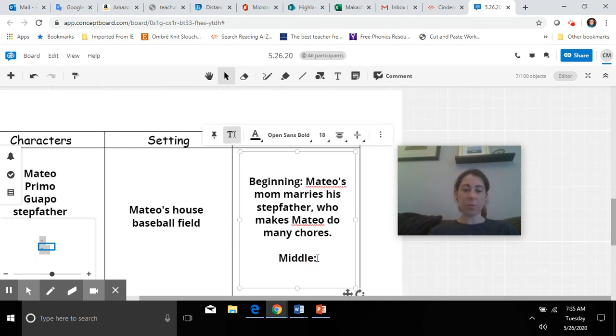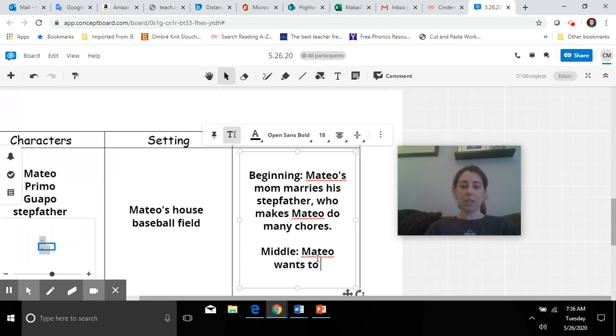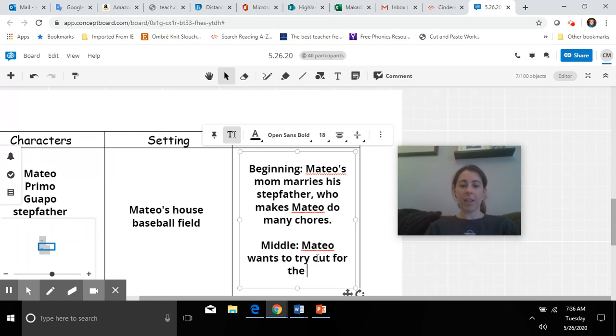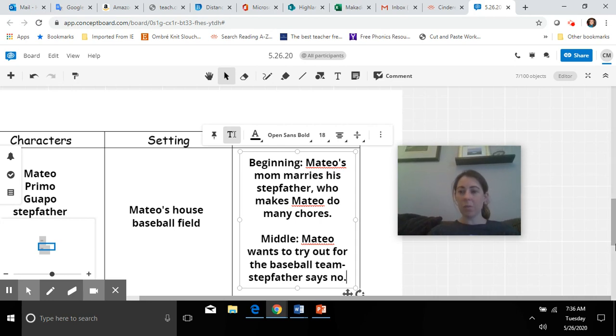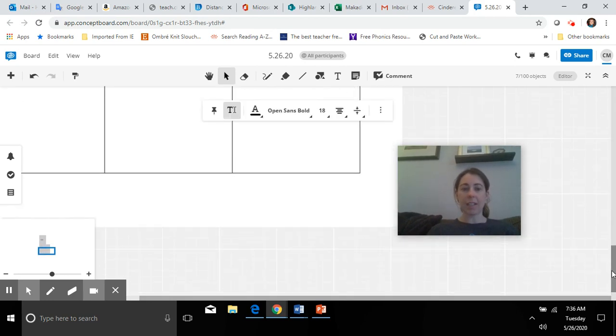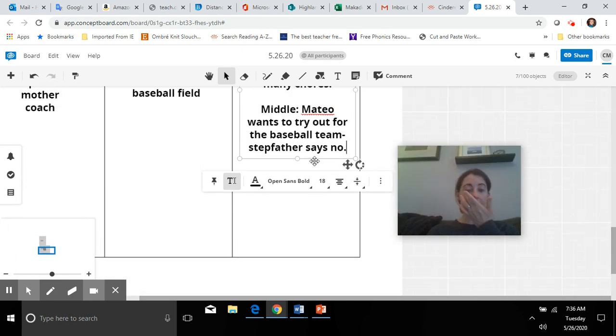Let's see. So here's one event in the middle. Mateo wants to try out for the baseball team, and his stepfather says no. What happened next in the middle? Let's add some more details.